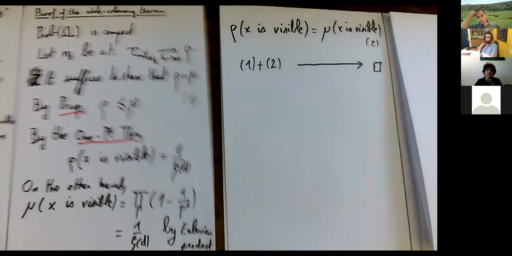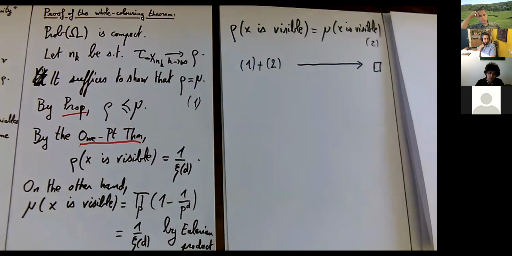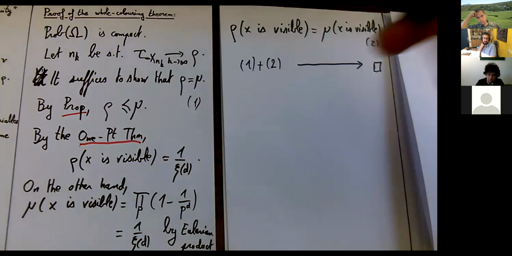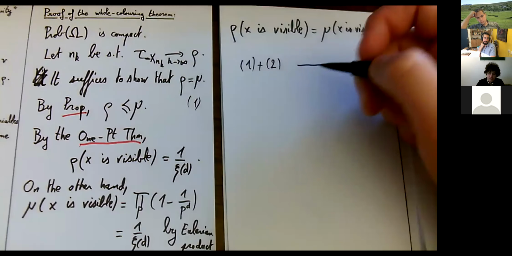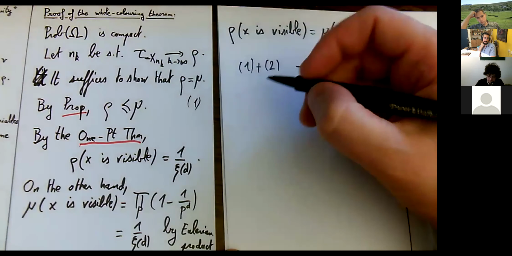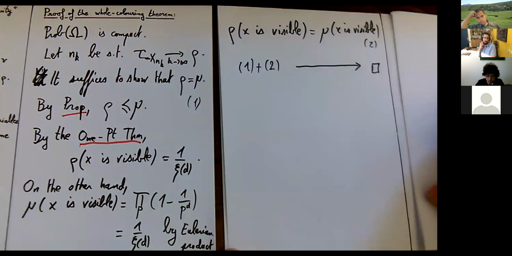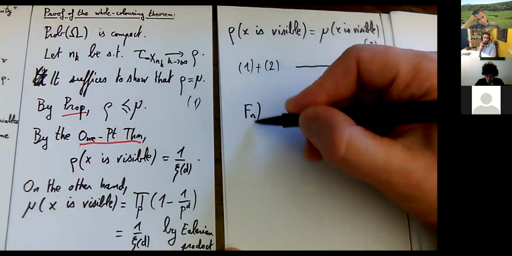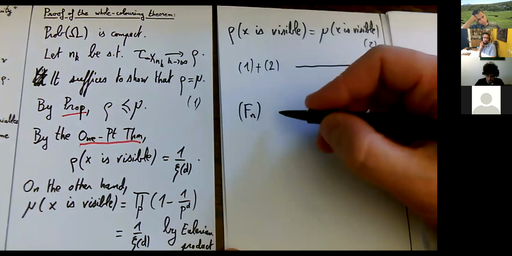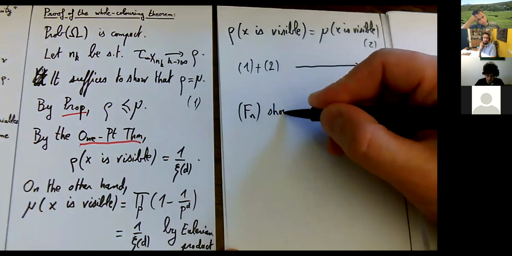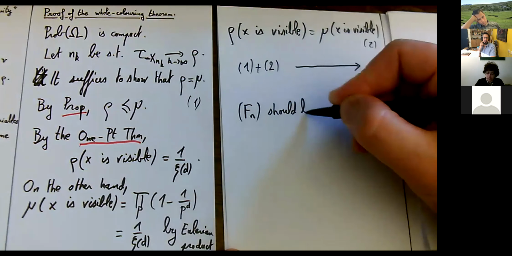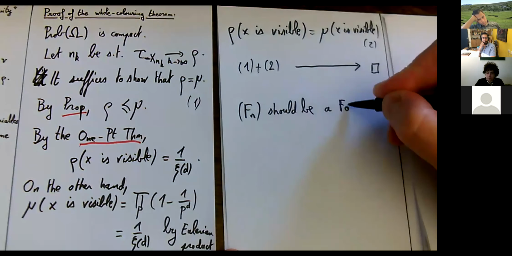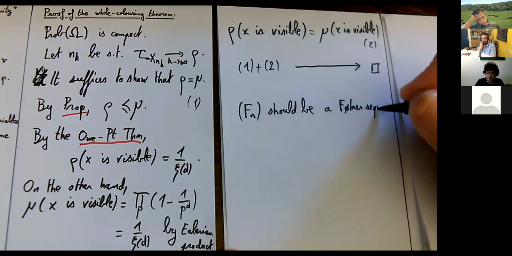And this hints at the natural conditions to ask for the sequence Fk. So if you want more general shapes, well, it should be a Følner sequence.